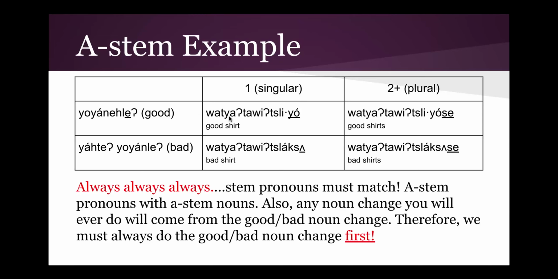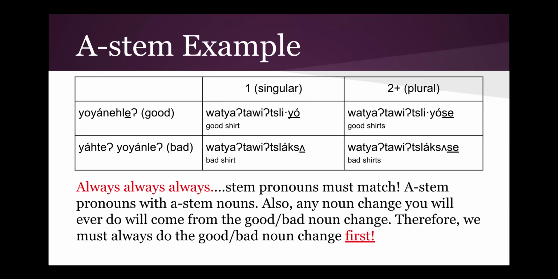So we're incorporating this hadyadawit into a descriptor of something that's good. And when that happens, we have to use the it pronoun for an a stem. So an a stem pronoun in the it pronoun category has wa as its pronoun, or in some cases, it's yo.